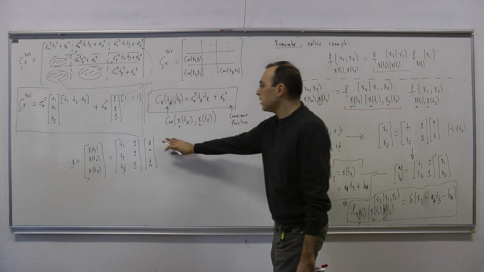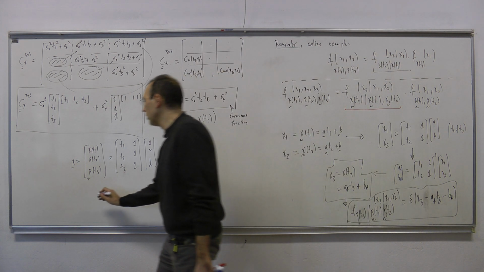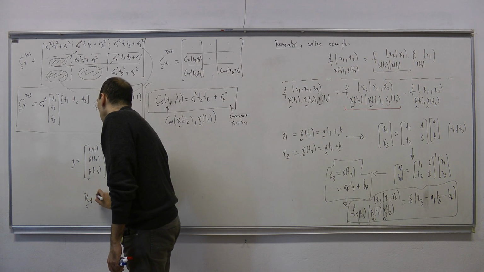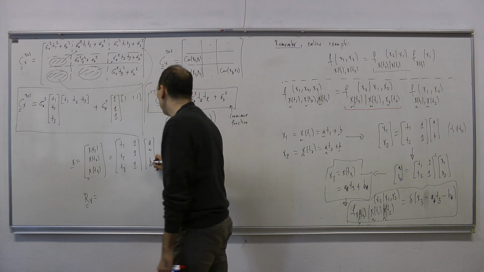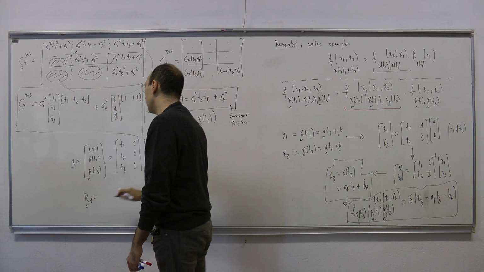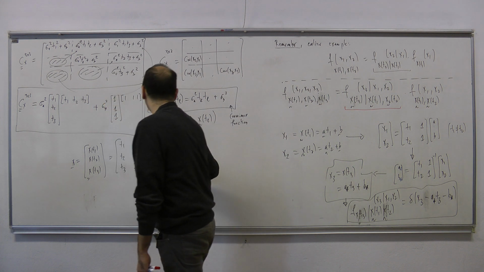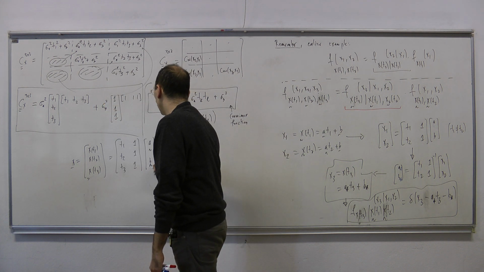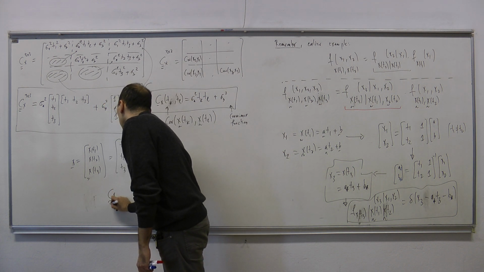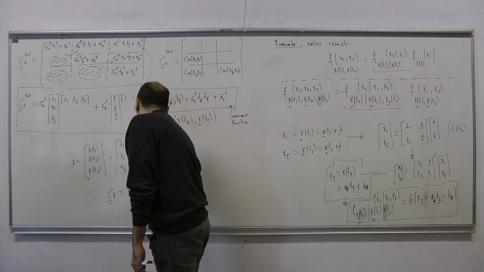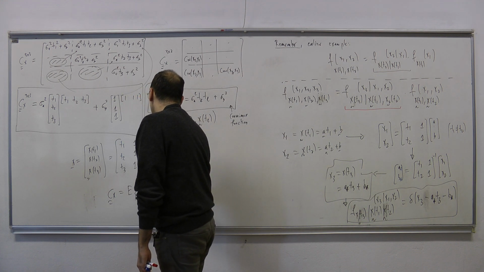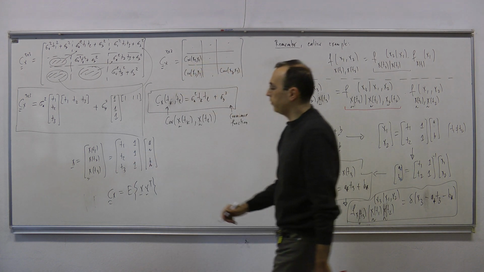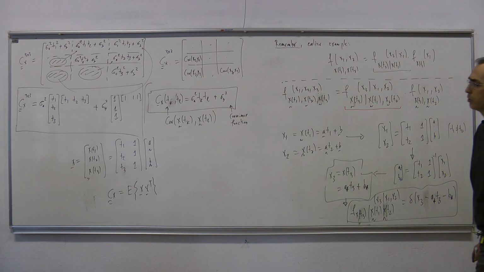Now let's assume that A and B are zero mean, because as you see, the mean does not affect the result. Then Cx is equal to the expected value of x x transpose, because the mean does not affect, as I have said many times before.